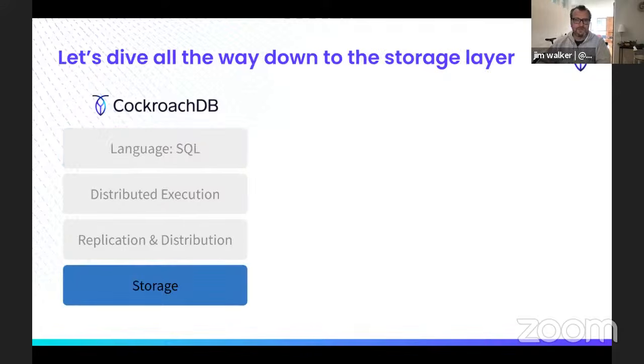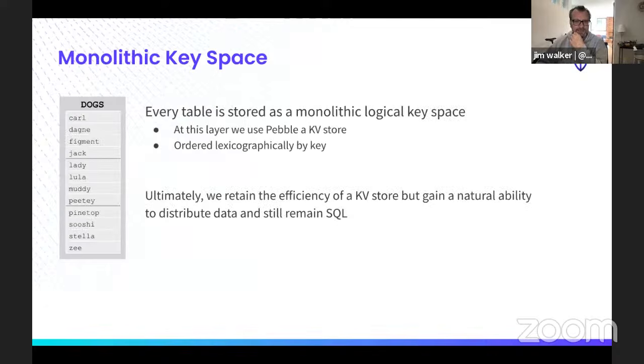So let's go down to the storage layer. And I like to start there when I talk about the architecture of CockroachDB, because this is the stuff that actually helped me understand how Cockroach was special. And it really starts at the way that we store data to disk. Cockroach database is exposed as a relational database to everybody who uses it.